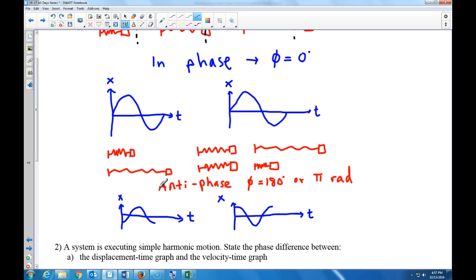It's a mirror image, or it's as though if we continue this graph, and we continue this graph, instead of the bottom graph starting here, the top graph starts here. And so how much is that? That is half a cycle, because this would be a full cycle. So half a cycle is 180 degrees, it's pi radians. Okay, and that's phase.